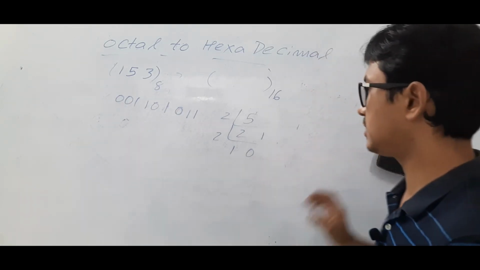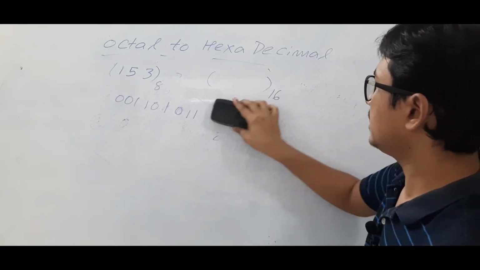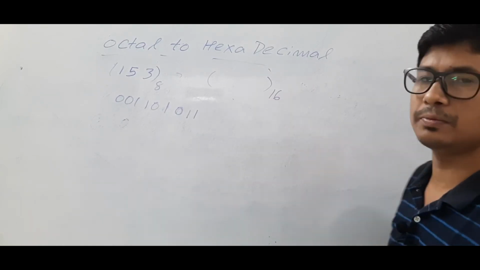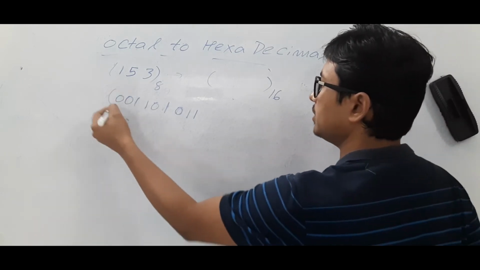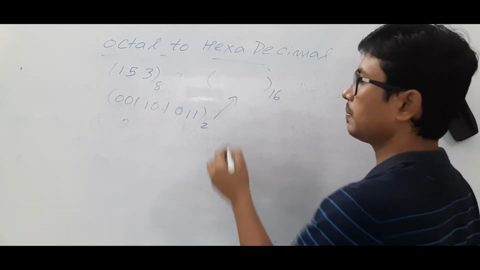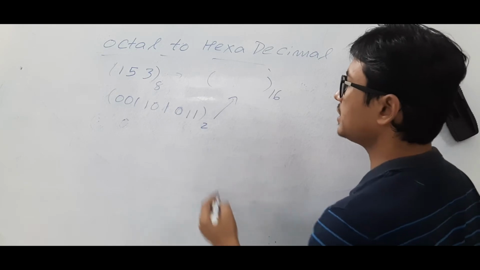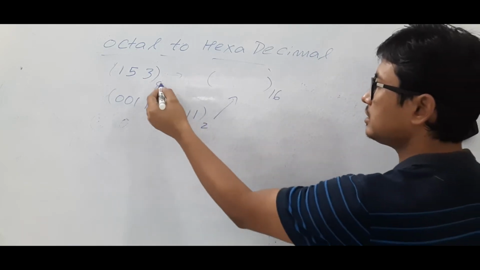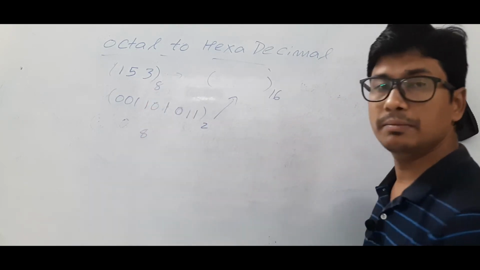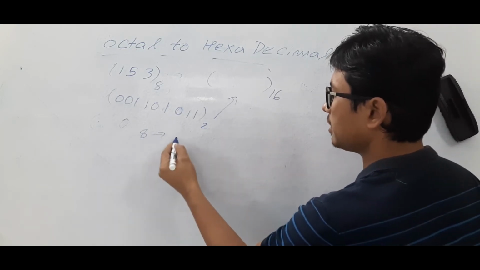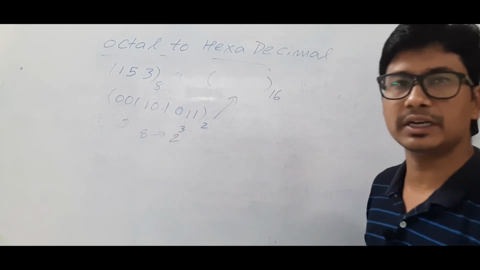in 3 bits. Now we will discuss how to convert this binary number or base 2 number to base 16. Remember one thing, an octal number is base 8, which can be represented as 2 power 3. 8 can be written as 2 power 3.